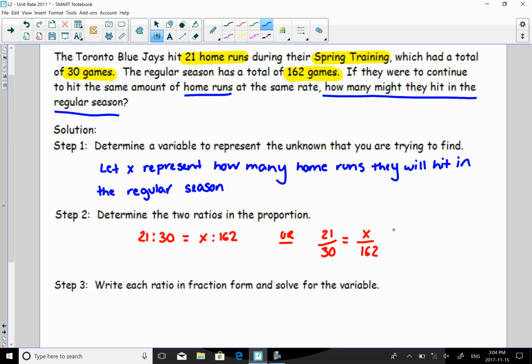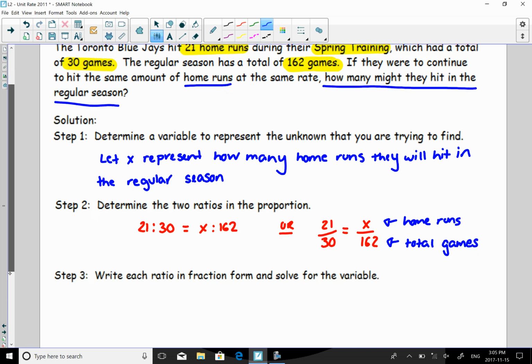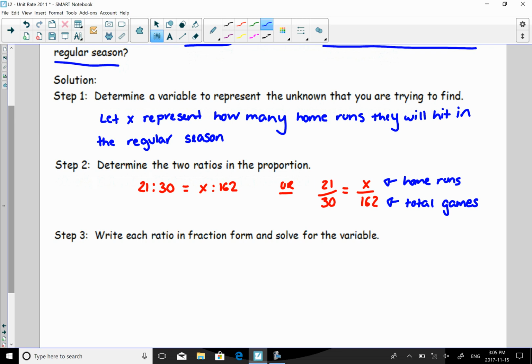Remember, you have to line them up. These are the home runs. These are the total games. Once we have this, I can solve using cross multiplication.